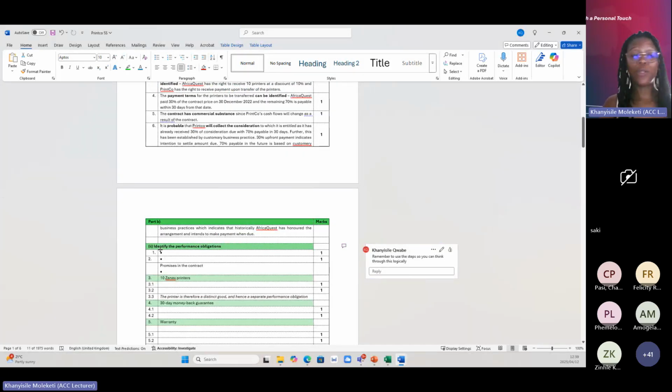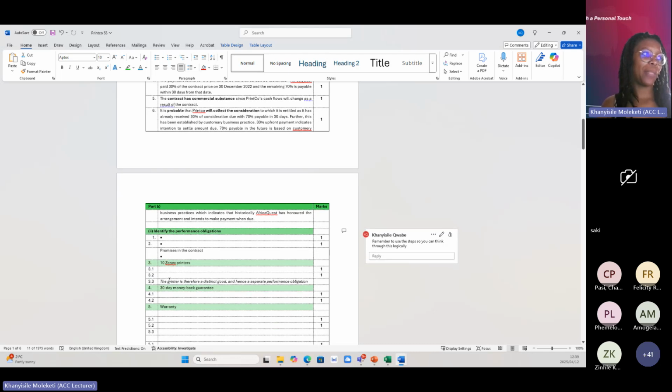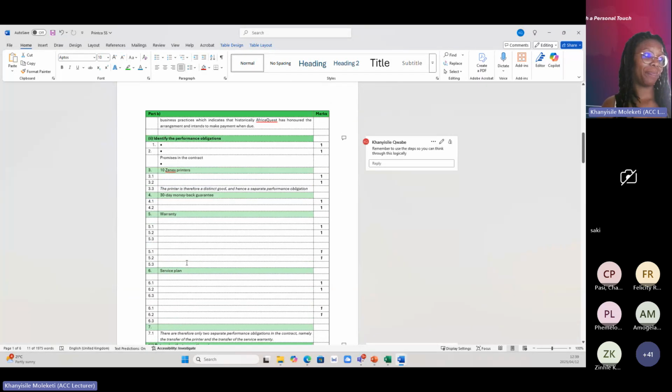We're going to use that technique we spoke about earlier. I'm going to use that technique here. Spit out the promises. Then for each promise, assess capable of being distinct, assess distinct in the context of the contract, then conclude. Throw a shortcut, but anyway, all 5 for all the promises.